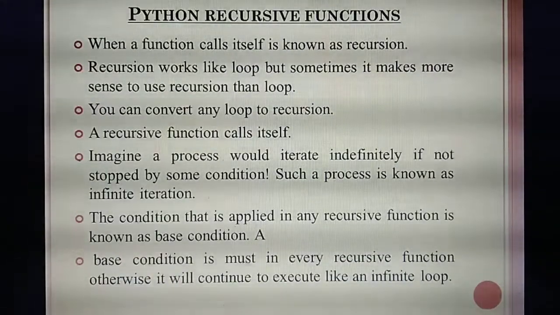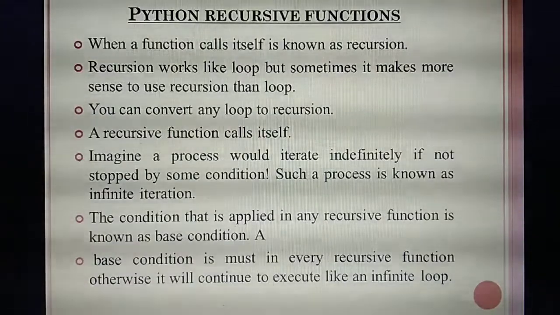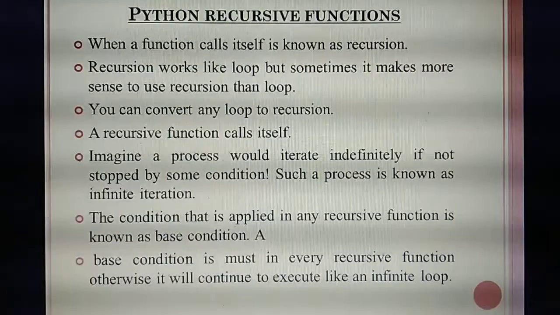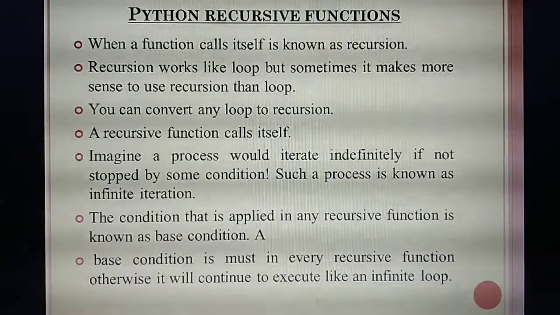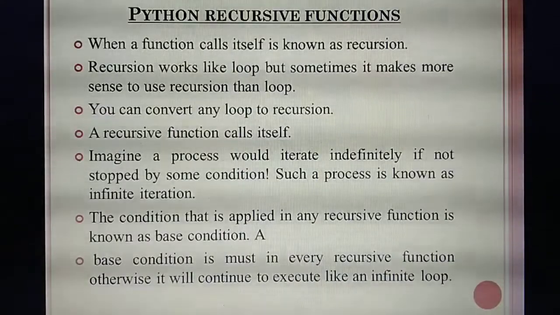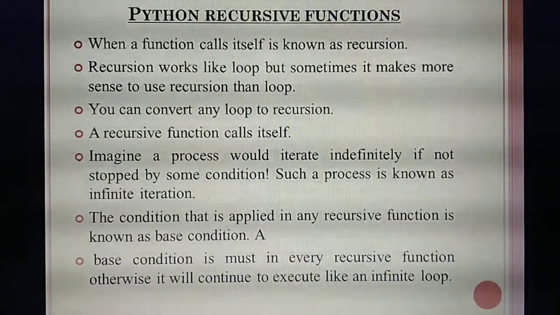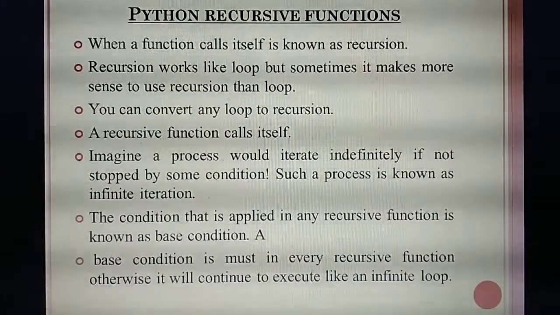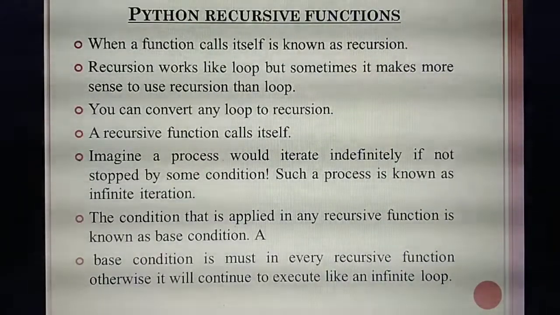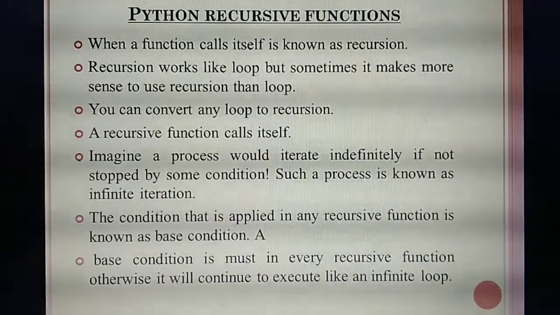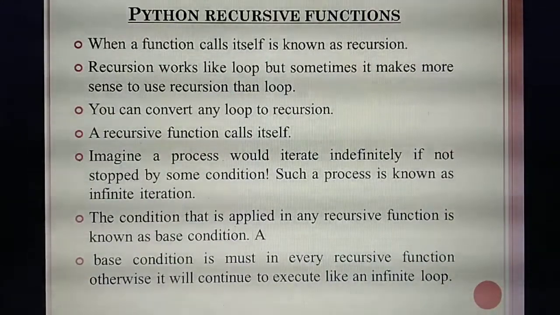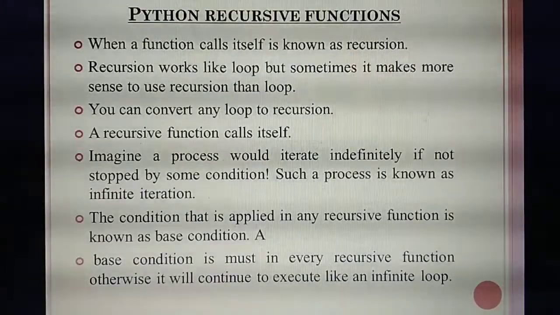Sometimes if you are not giving the condition, the loop will execute an infinite number of times. That iteration we call infinite iteration. This is important; two more questions come from it. To stop the infinite number of iterations, you give a condition in recursion. What is the name of that condition? Base condition. This base condition is very, very important in recursion. Otherwise the loop will execute infinite times. Understand?